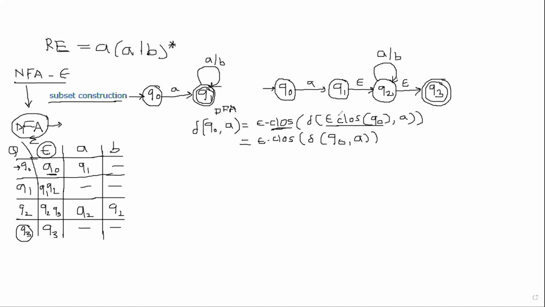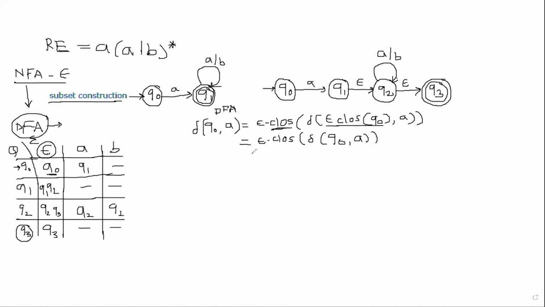So what I have done, all the epsilon closures of Q0, I have taken here. As only one entry is there, Q0 only, I have taken only one entry. Whenever the epsilon closure of Q1 is there, at that time you have two entries, Q1, Q2, and you have to replace this bracket epsilon closure of Q1 by Q1, Q2.